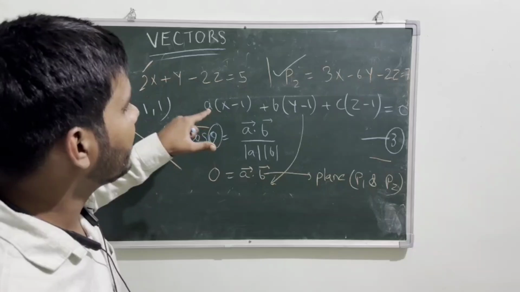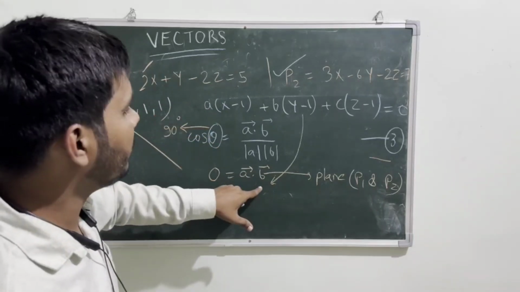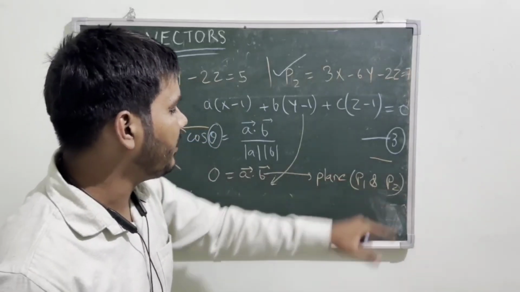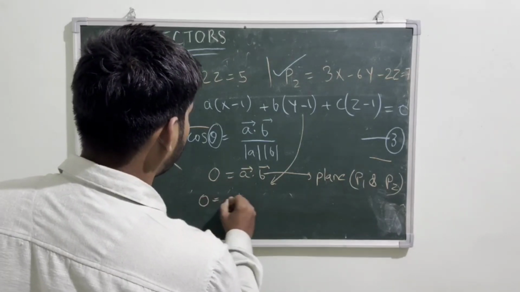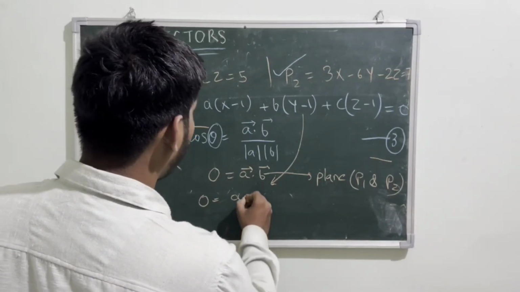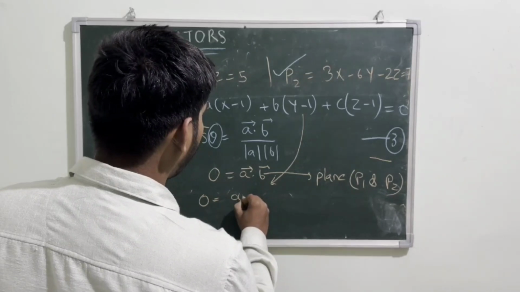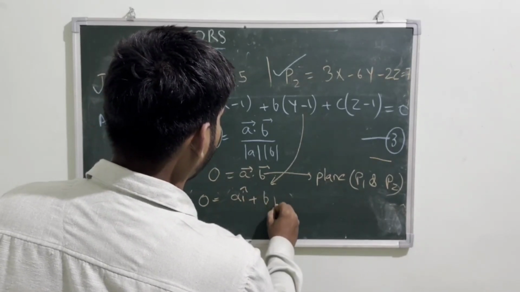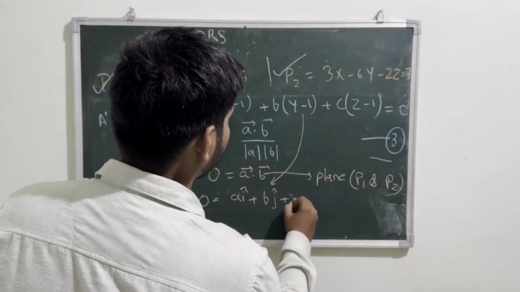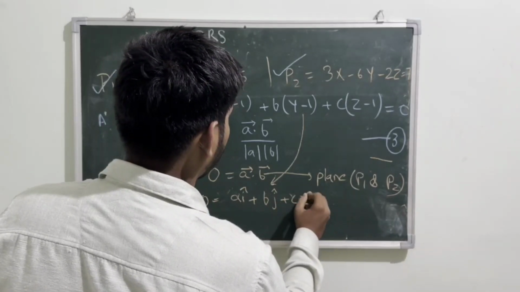The a vector will be from this third equation, and the b vector will be from the plane containing P1 and P2. So the a vector will be ai plus bj plus ck.